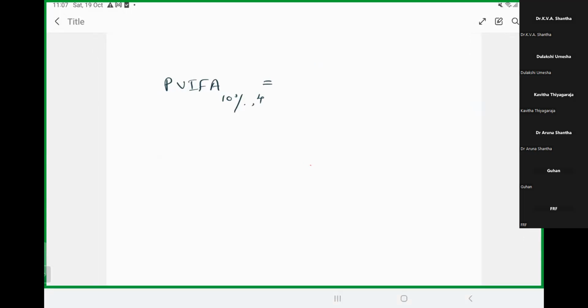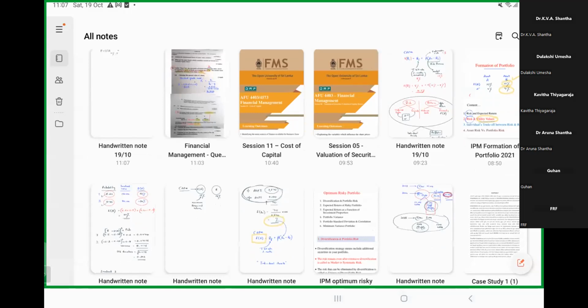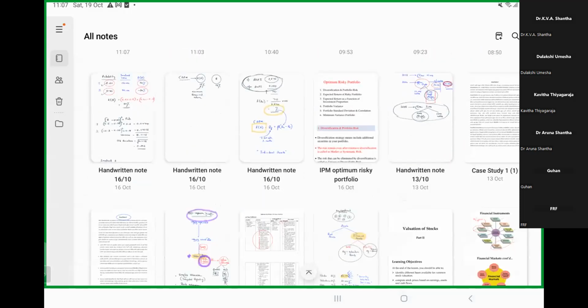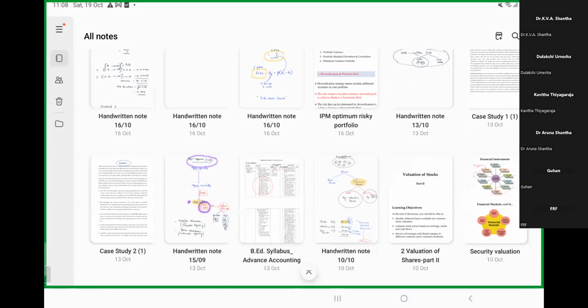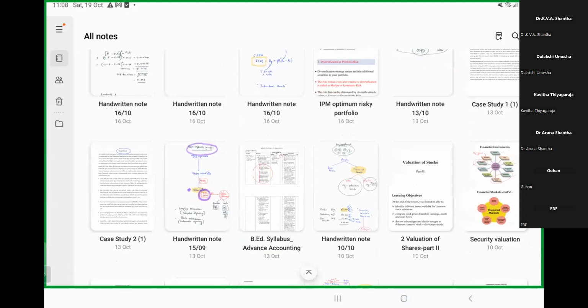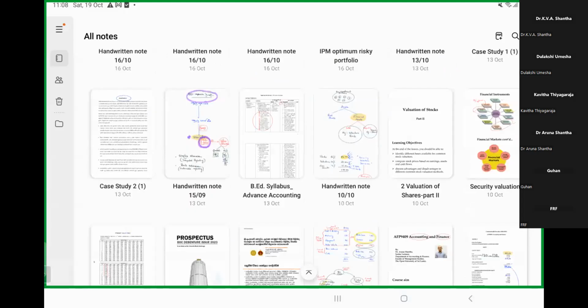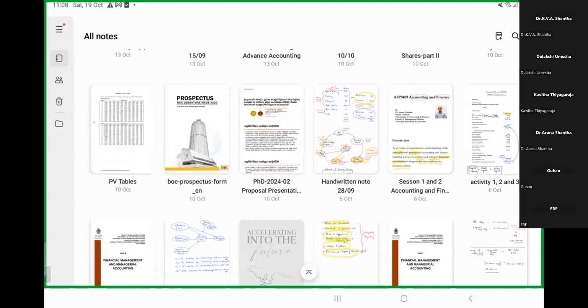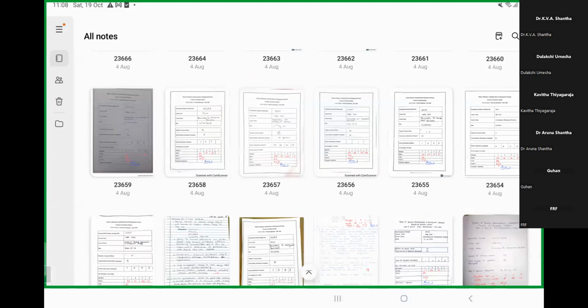The annuity table is in your course material. I don't have the table now, but it's available in your course material.